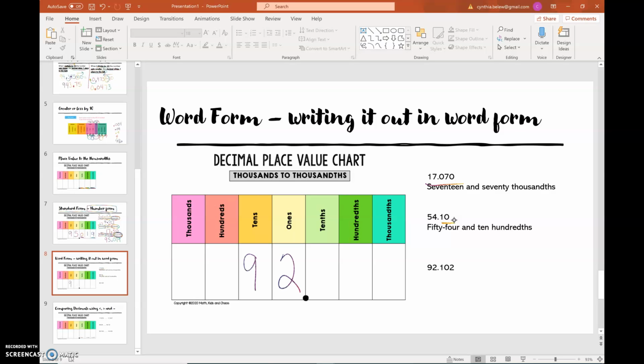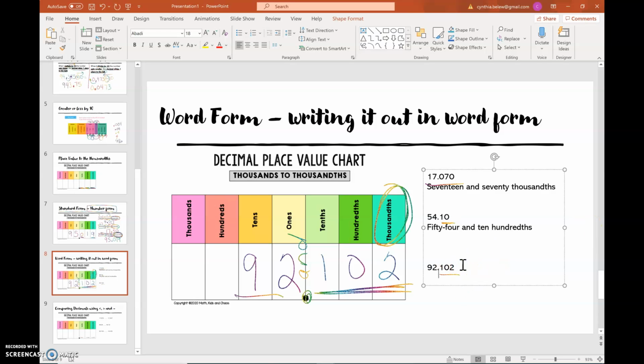And the next one, again, I fill up my chart. 92 is my whole number. And for the decimal, 102 for the decimal. So I have 92 and 102 thousandths.